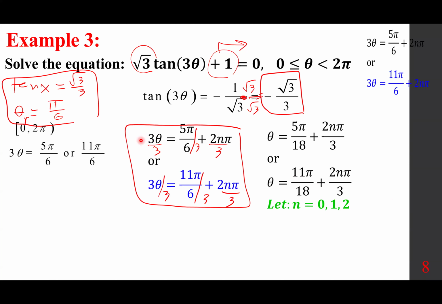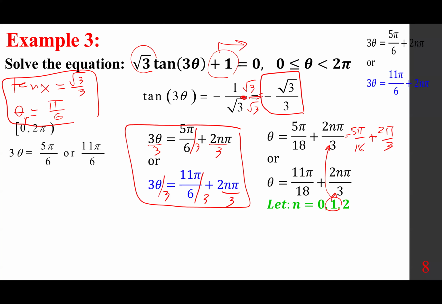So just for the sake of argument, if you plug in 0, you get 5 pi over 18 here, 11 pi over 18 here. If you plug in 1, what happens? You get 5 pi over 18, and then 2 times 1 times pi, 2 pi over 3. 2 pi over 3 is what?